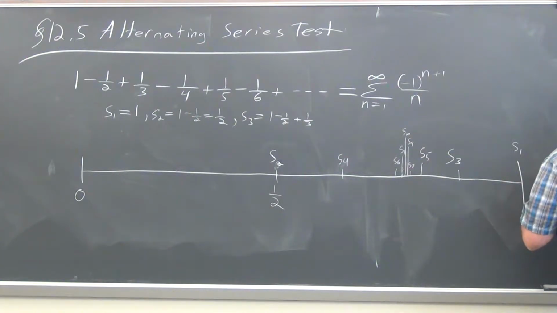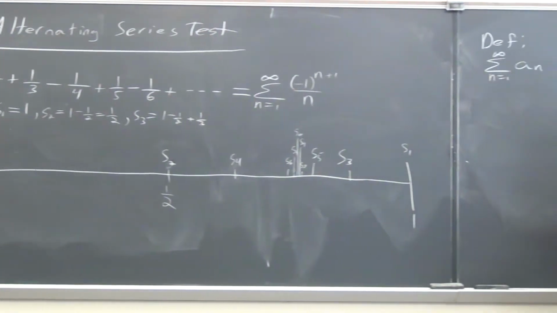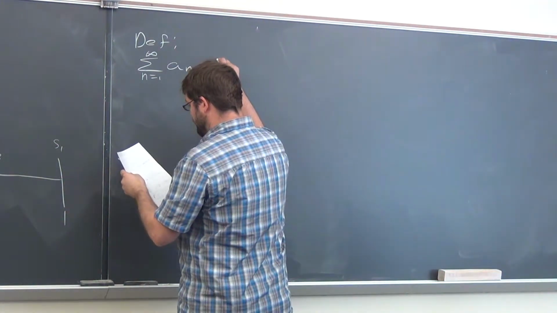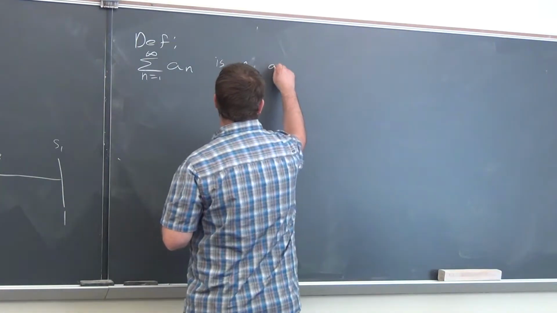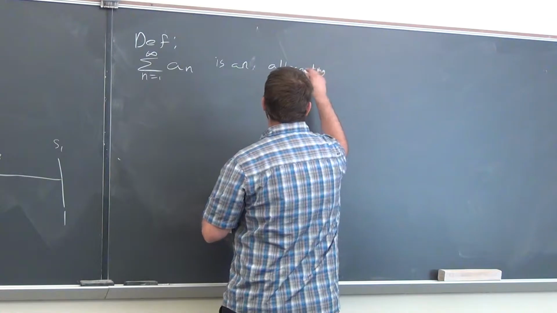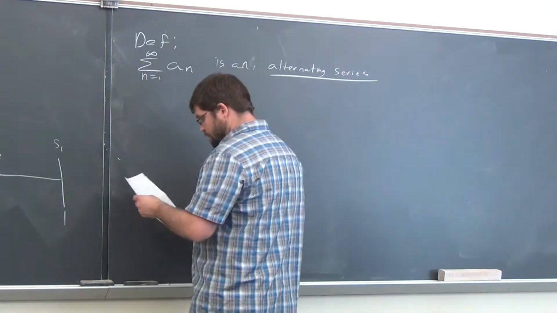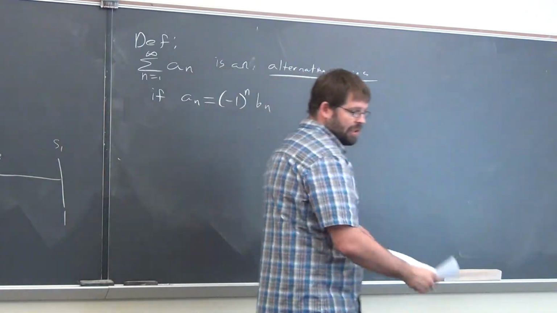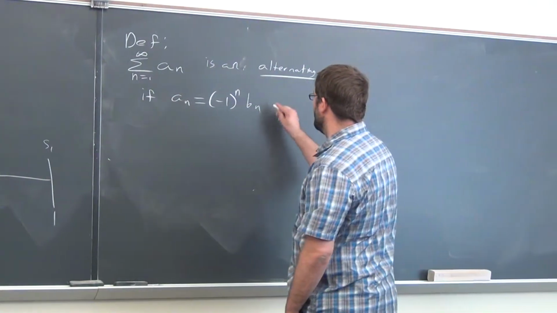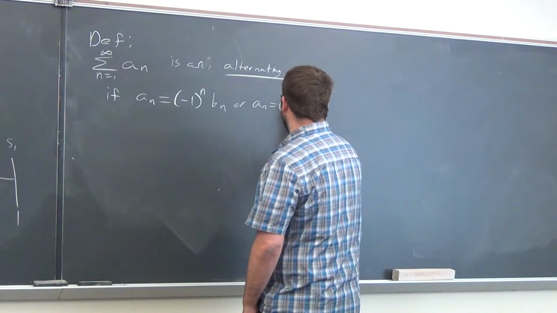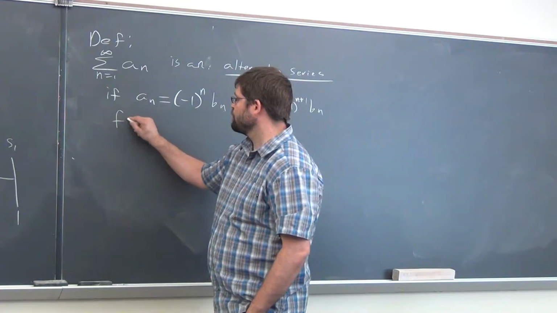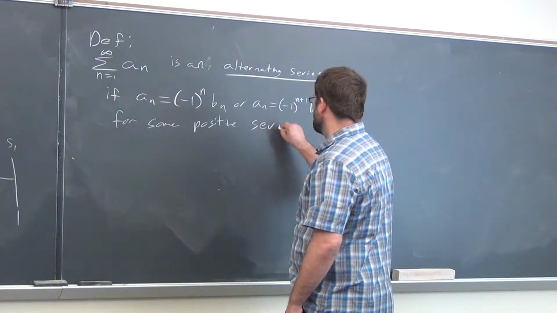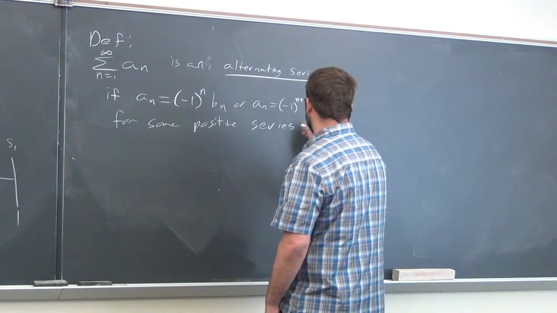Again, it doesn't need to start at 1. But I'll just write it this way: the sum from 1 to infinity is an alternating series if the a sub n's look like this, they're negative 1 to the n times b sub n, or negative 1 to the n plus 1 times b sub n, for some positive sequence.